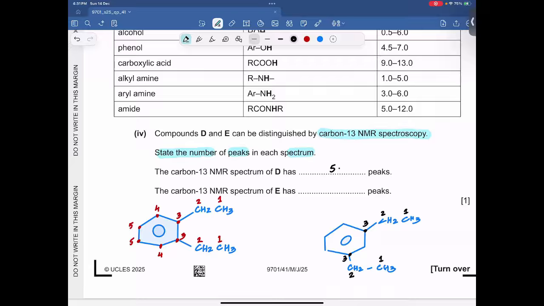Obviously, this carbon and this carbon have the same chemical environment because they are attached to the same number of groups and adjacent carbon atom. This carbon is different from all others, and this carbon is also different from all others.